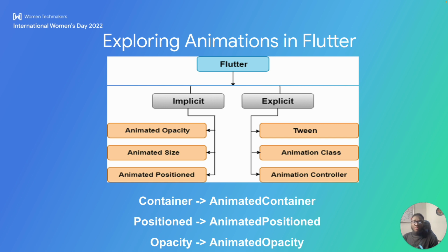You can have custom effects, and you can do more with this than the implicit, but due to the focus of this section to just bring animations to our app, we'll be looking at the implicit type of animation.